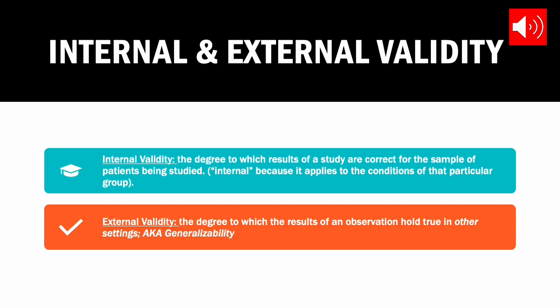Whereas external validity is the degree to which results of an observation hold true in other settings. Another term for this is generalizability. So how valid are our results? How strong is our external validity? How generalizable are our results to the general population?